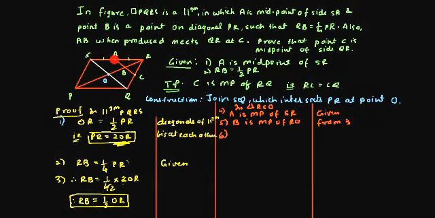So we can say that, refer the diagram, A is midpoint of SR, B is midpoint of OR, so we can say that AB is parallel to SO. Reason, midpoint theorem.